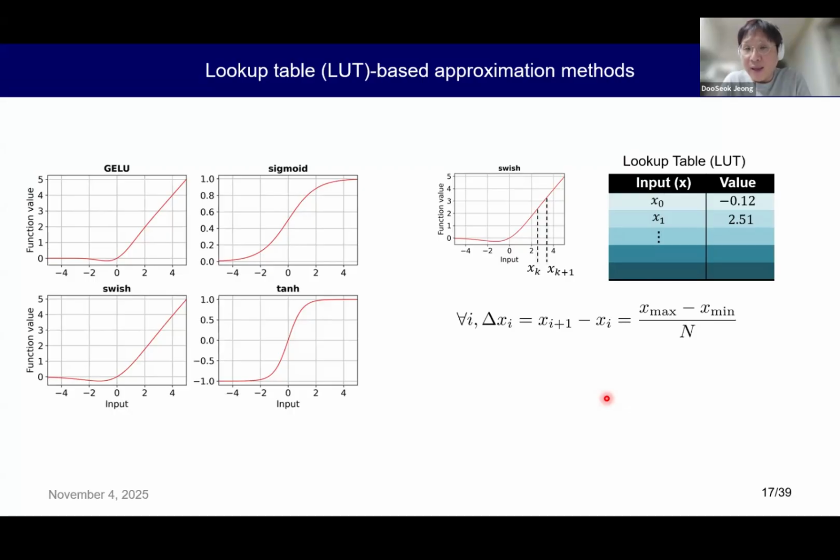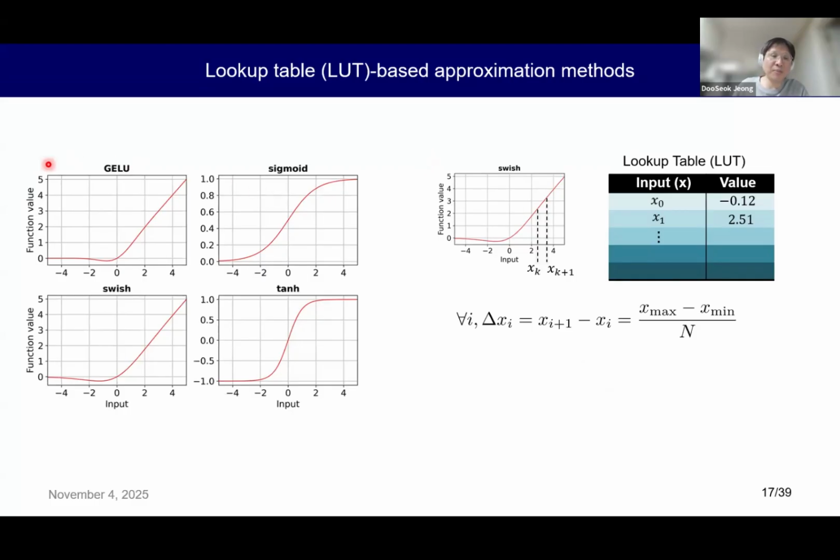You cannot make it like a CPU, which is very versatile, right? So what I mean is the resource is strictly limited, but nevertheless, you need to implement these operations. So the thing is, you have to make it very efficient. Otherwise, it's not going to work. So this lookup table based approximation method can be very useful in this sense.